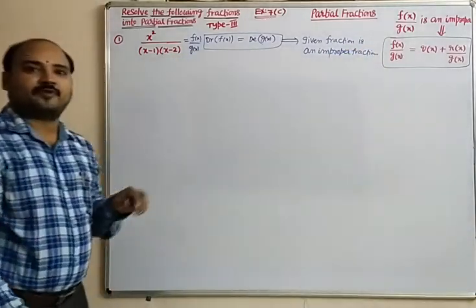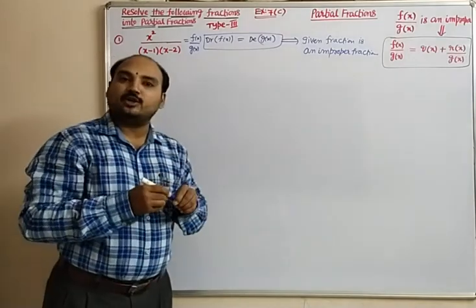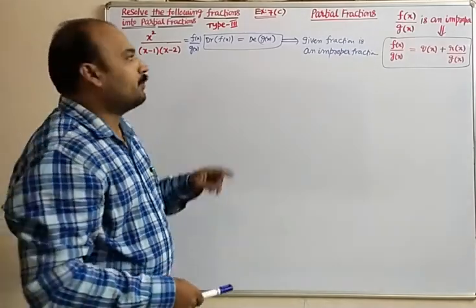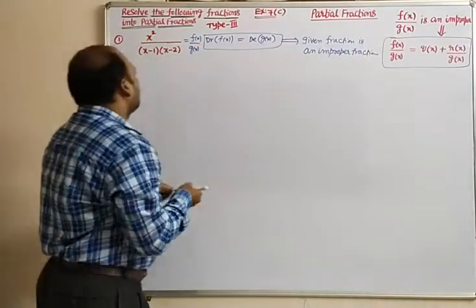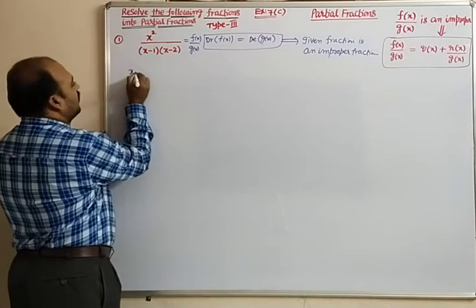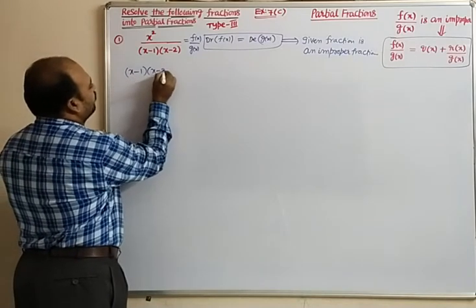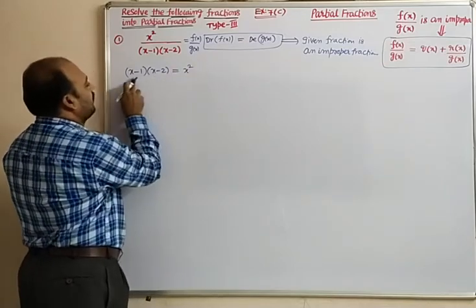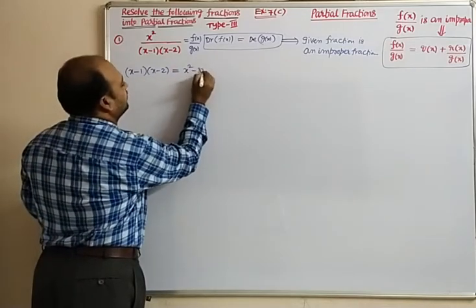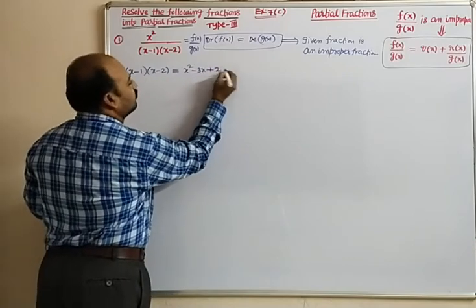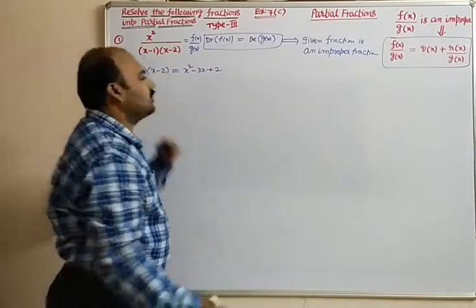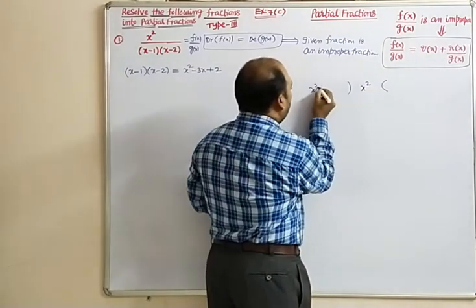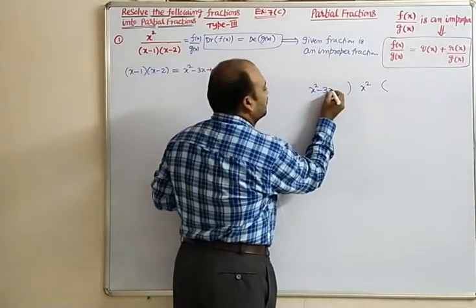Whenever it is an improper fraction, first we have to convert it into a proper fraction by using the division algorithm. Here x minus 1 into x minus 2, making it a single polynomial, is x squared minus 2x minus x plus 2, that is x squared minus 3x plus 2. Now by using the division algorithm, x squared divided by x squared minus 3x plus 2.